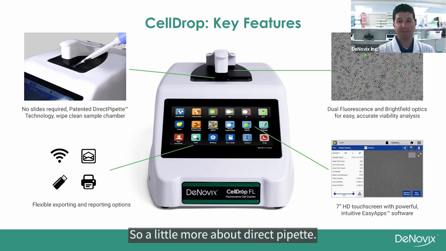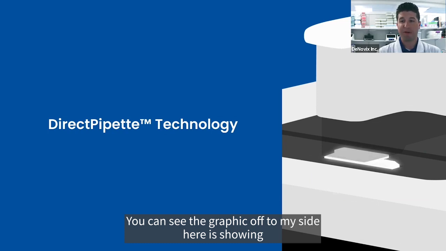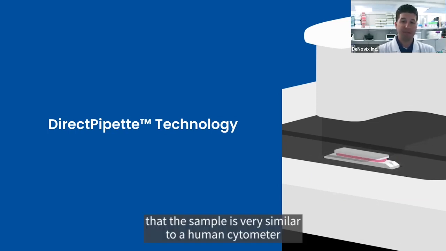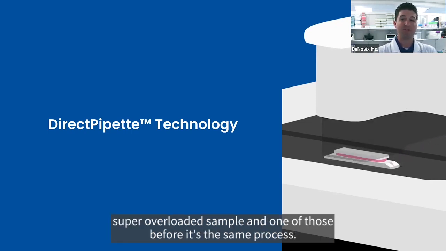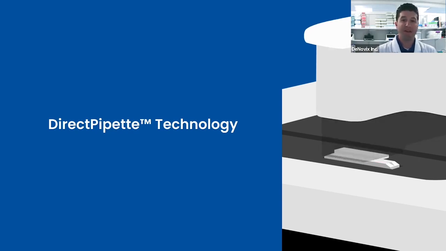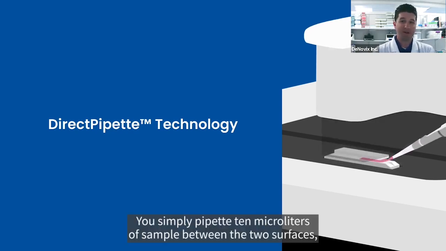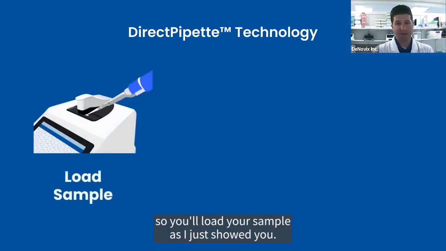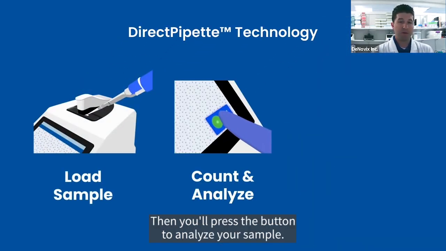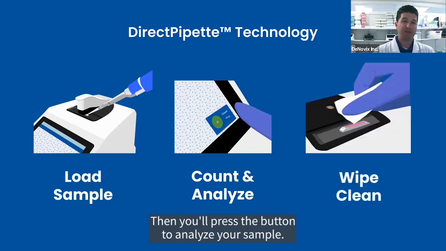So a little more about direct pipette. You can see the graphic off to my side here is showing the sample. It's very similar to a hemocytometer, right? I sometimes say it's a hemocytometer with a touch screen. So if you've ever loaded sample on one of those before, it's the same process. You simply pipette 10 microliters of sample between the two surfaces. So you'll load your sample, as I just showed you. Then you'll press the count button to analyze your sample.